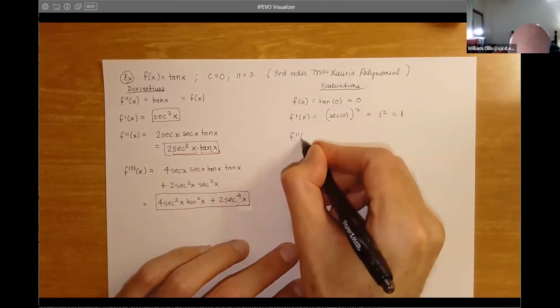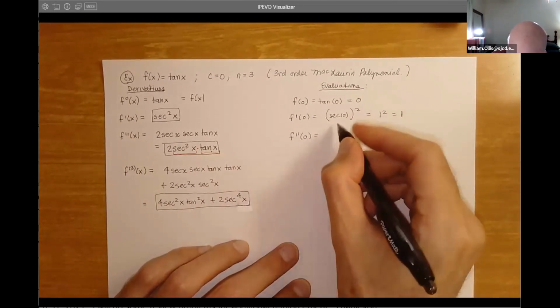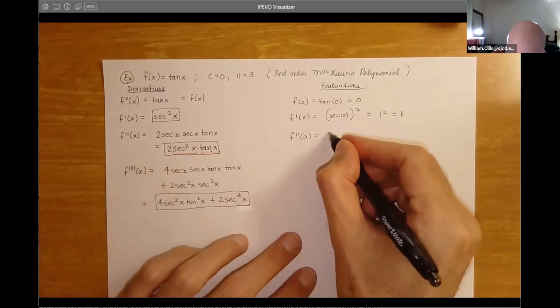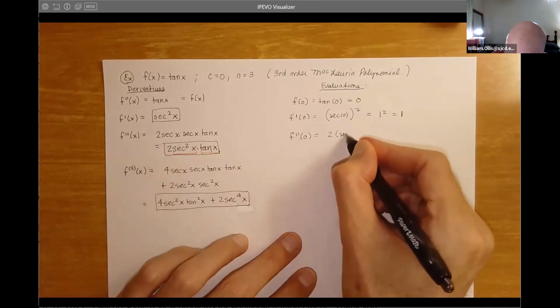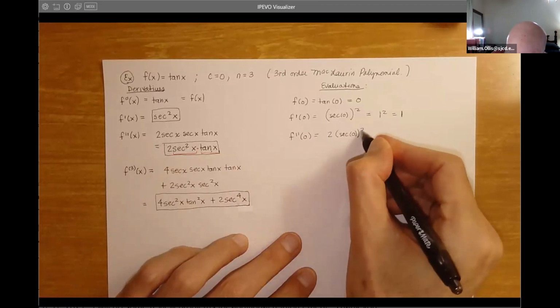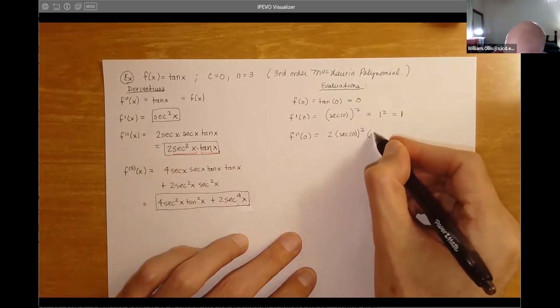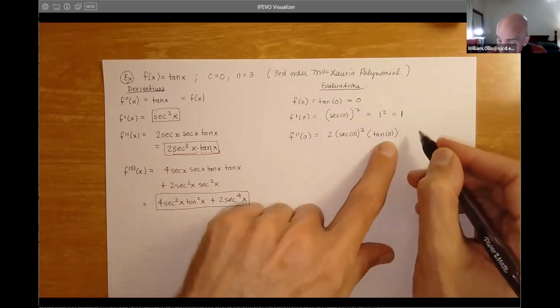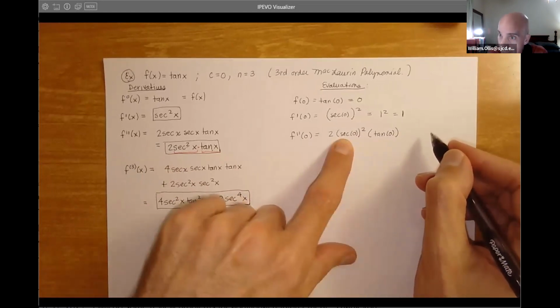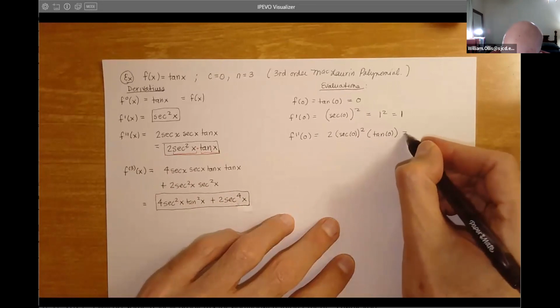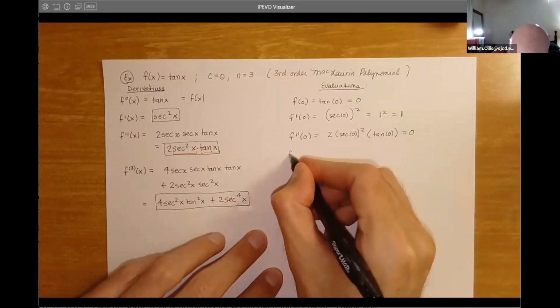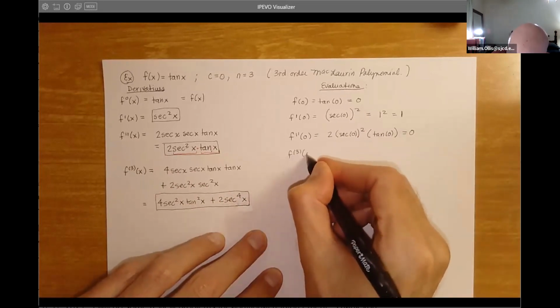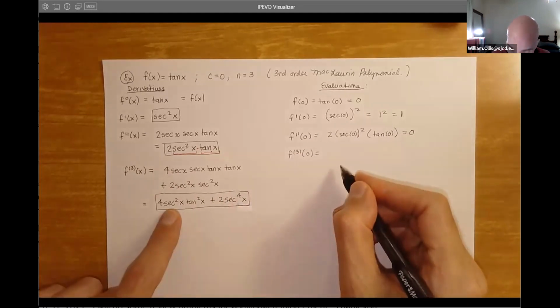F double prime of 0. Again, we'll just substitute here. We have 2, so we have secant of 0, quantity squared. And then we have tangent of 0. Of course, tangent of 0 is 0, so that just annihilates all of this. So this is just 0. And then the third order derivative, again, we'll go here.